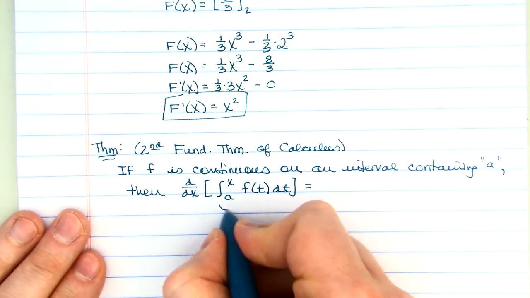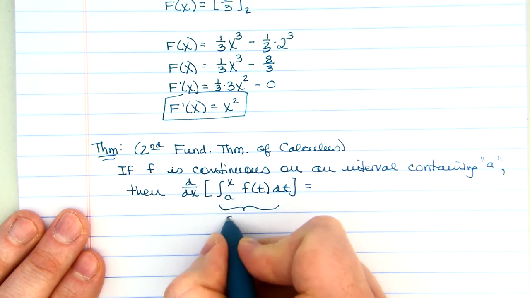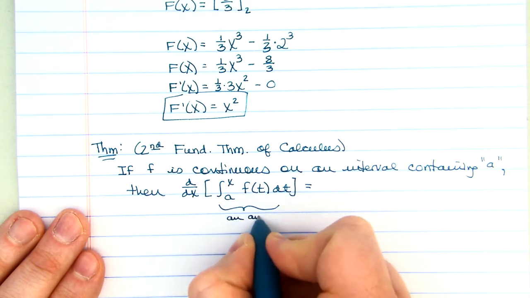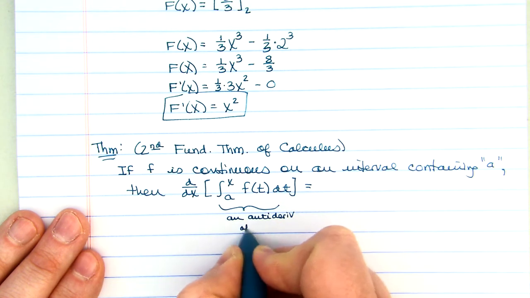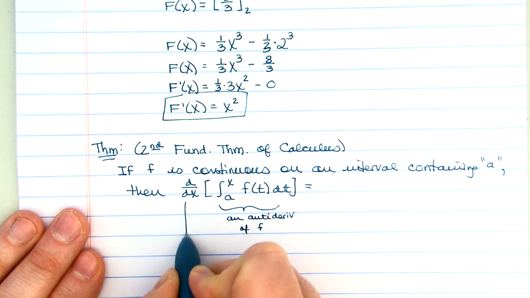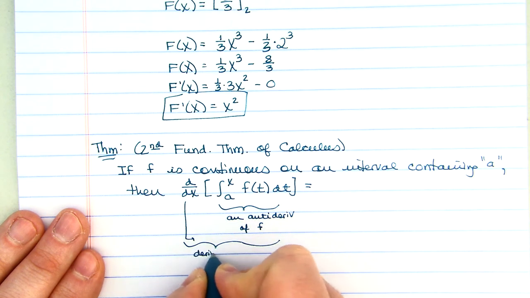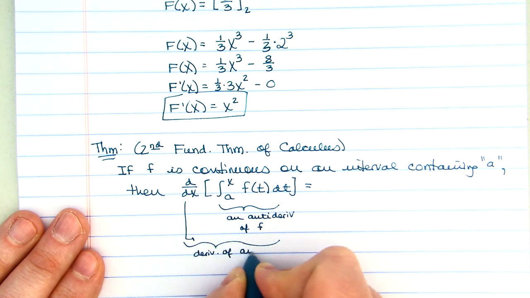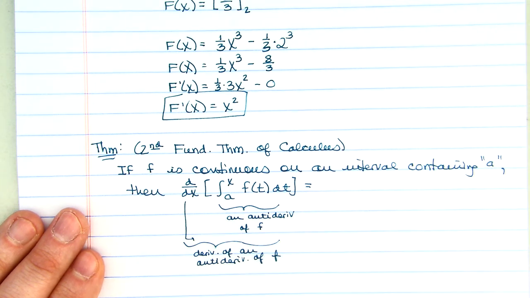well, this thing over here, as I already saw when I evaluated, gives me an antiderivative of f. And this thing over here says, let's find the derivative of an antiderivative of f.